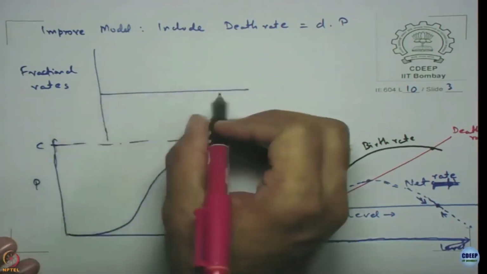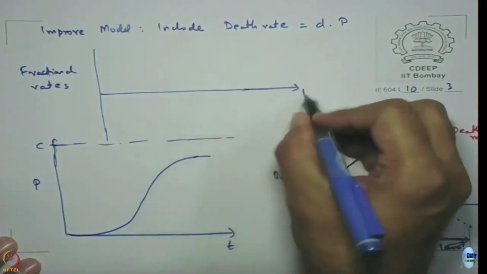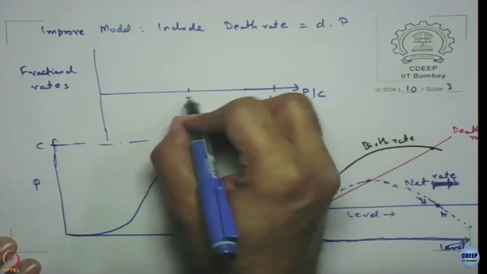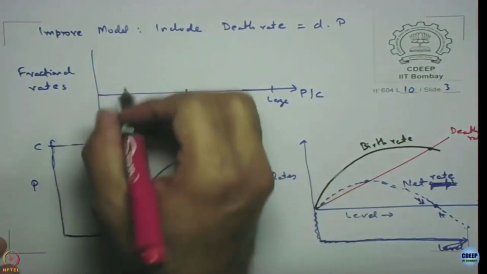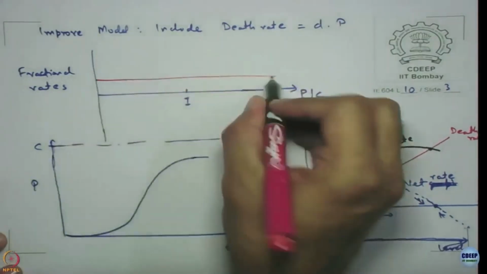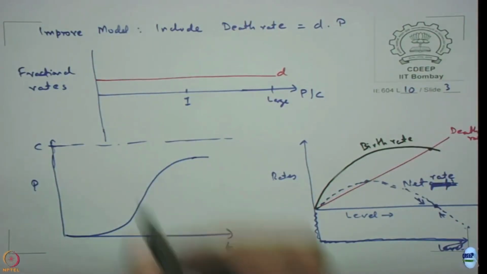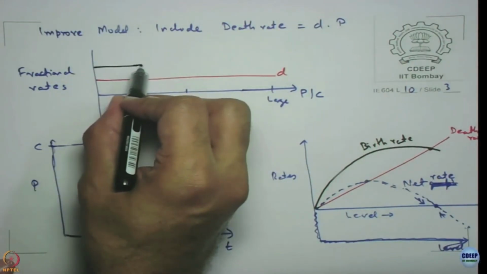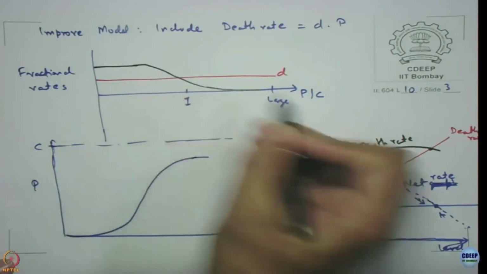Fractional rate, this is P by C, this is large, this is 1. So, your death rate is constant D, so nothing changes. In a similar fashion, if you are going to draw the curve, we are looking at a birth rate which is constant, and then we wanted the birth rate to reduce and come to this point.